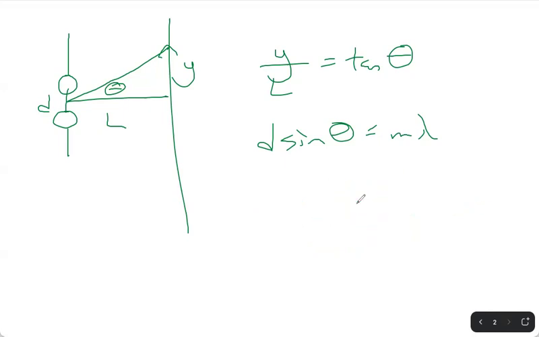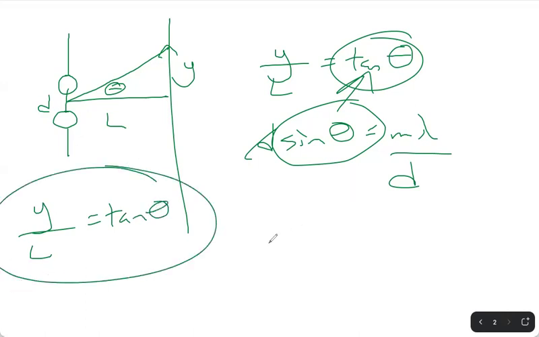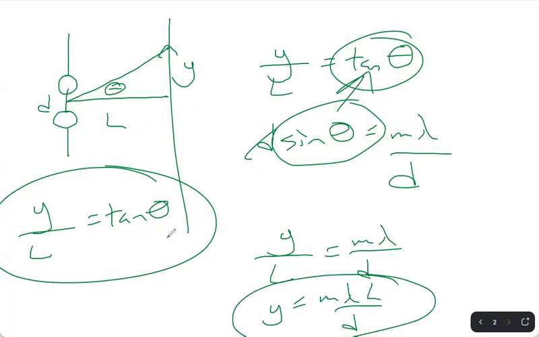Nevertheless, we would go ahead and substitute this in for each other, and you have to divide the d over to do that. So you would have, again, one equation, y over L equals tangent of theta. I've used that one on a recent exam. And then we would have y over L equals m lambda over d, or y equals m lambda L over d. So these two equations you'll need to put on your formula sheet, or need to know.